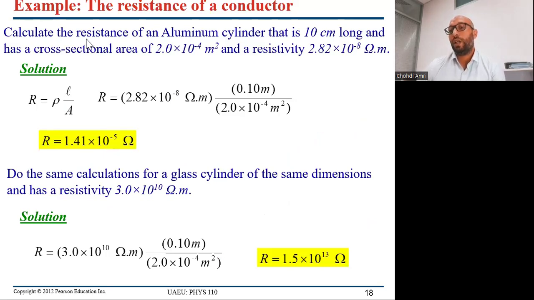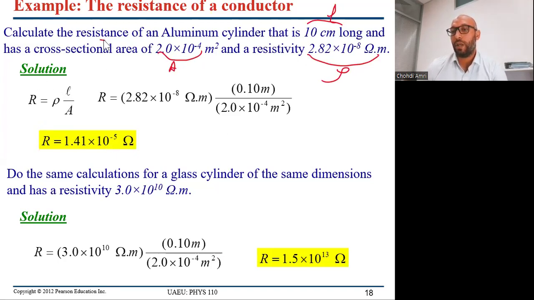A question: calculate the resistance of an aluminum cylinder that is 10 centimeter long and has a cross-sectional area of 2 times 10 power minus 4 meters squared and the resistivity 2.82 times 10 power minus 8 ohm meter. This is our resistivity, this is our cross-sectional area, and this is our L, the length of the wire. So what will be the resistance here?